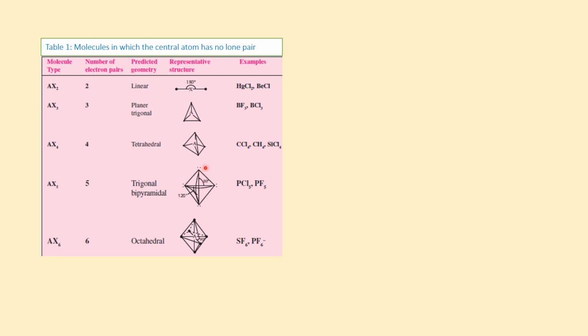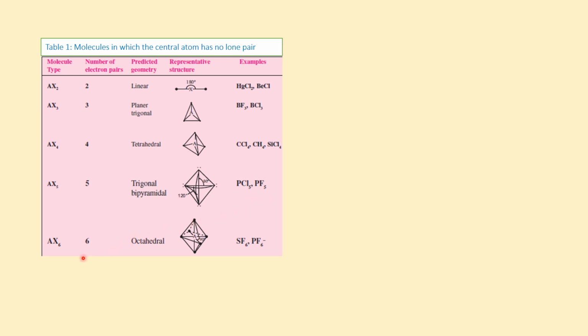Please see the figure, where the dots are lone pairs and all the straight lines are bonds. This is a lone pair, this is a lone pair, this is a lone pair. There are four lone pairs. Examples of such molecules are PCl5 and PF5.